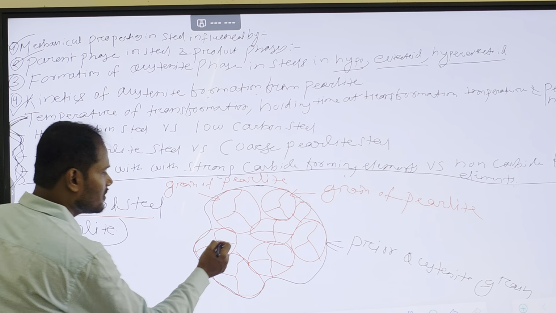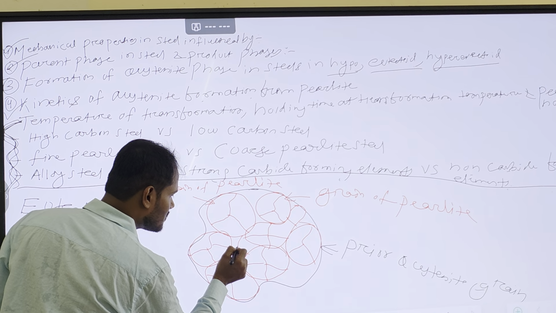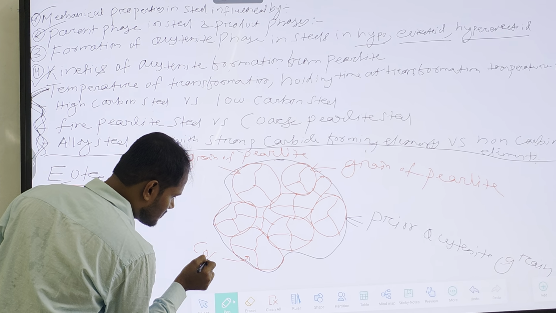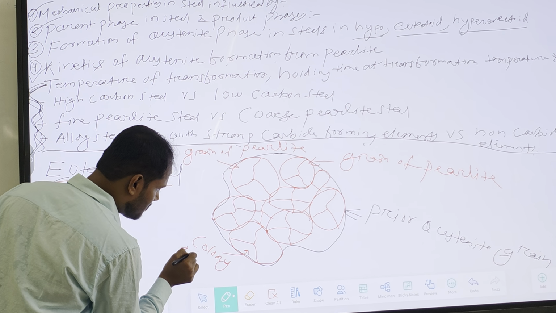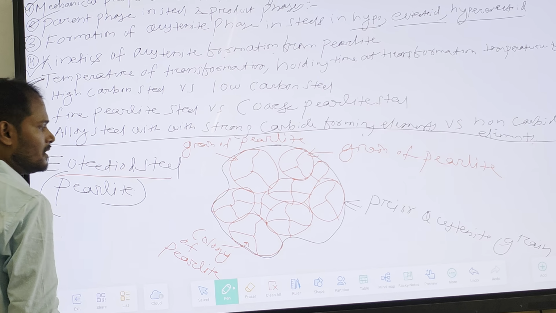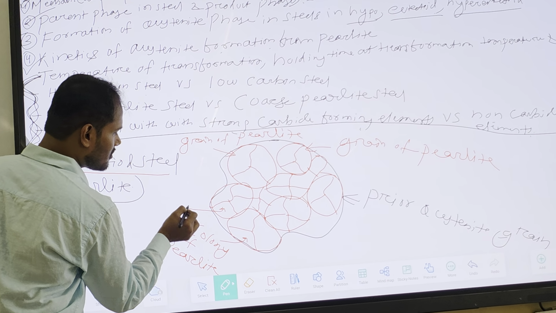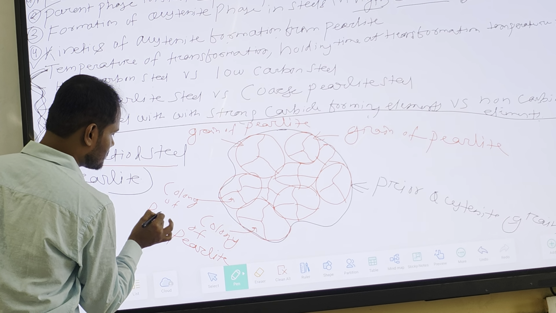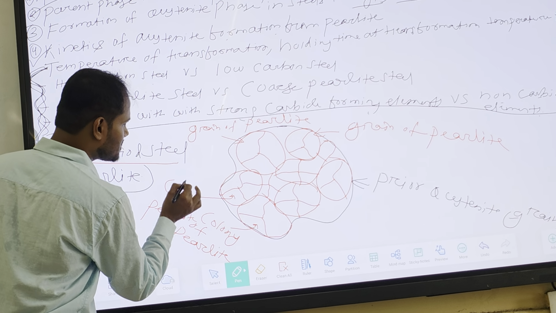What are colonies? So this is one colony. Colony of pearlite. So this is again a colony of pearlite. One colony.